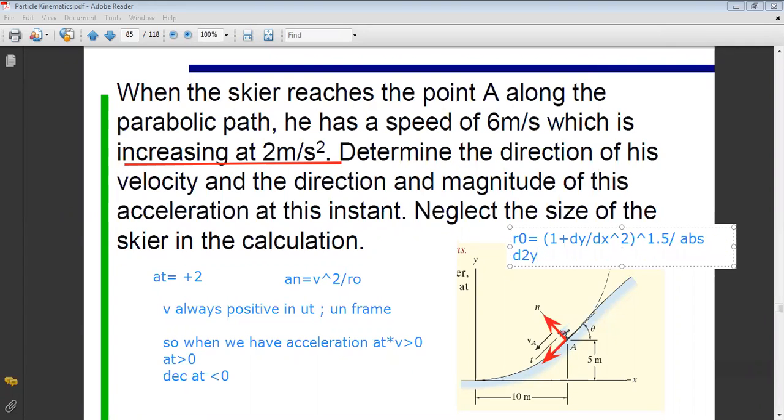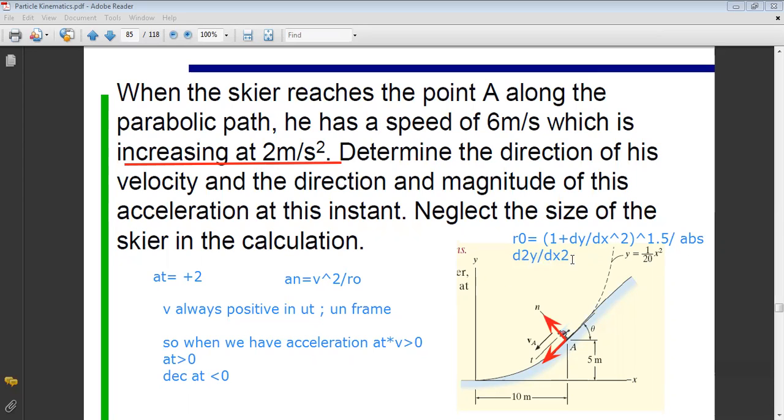So now to be able to compute this term, what should we do? We should find the first derivative and the second derivative. Here we have already calculated the first derivative. We said that dy by dx is x over 10. At point A, to find rho at A, we will replace dy by dx at A by 1.